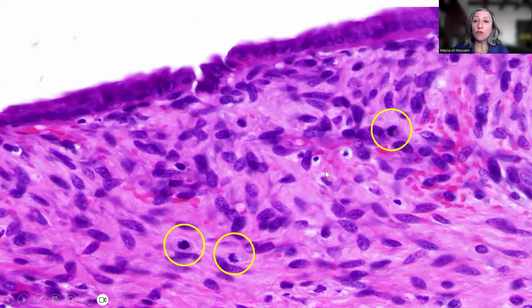So this is another focus where we have actually several mitotic figures seen here within the stromal sarcomatous proliferation, low-grade sarcomatous proliferation, not much in the way of atypia, not much in the way of sarcomatous overgrowth, meaning that there is no area where the high power magnification is composed solely of sarcomatous growth.